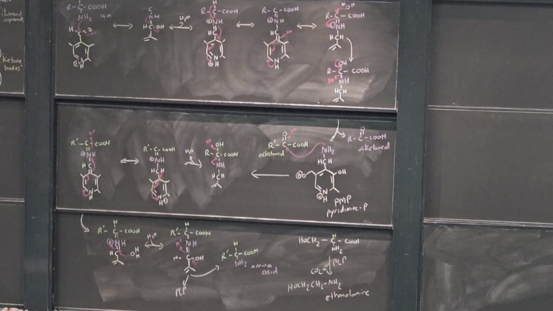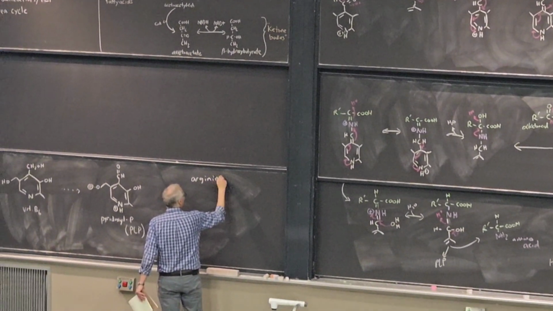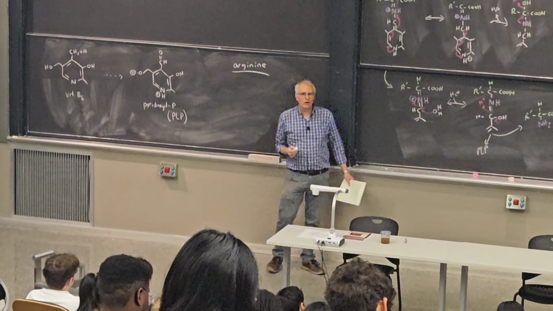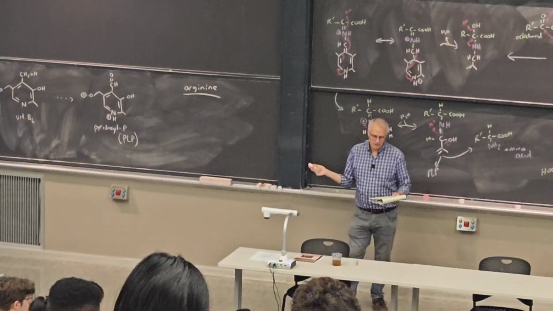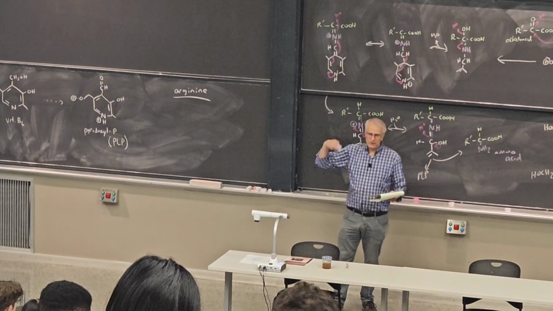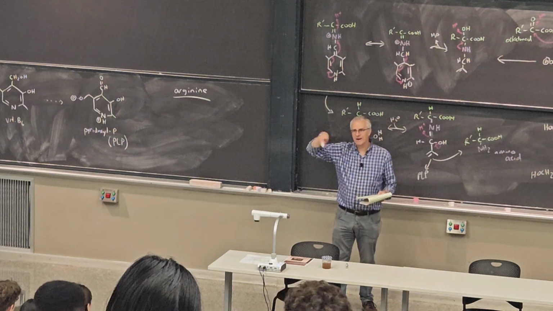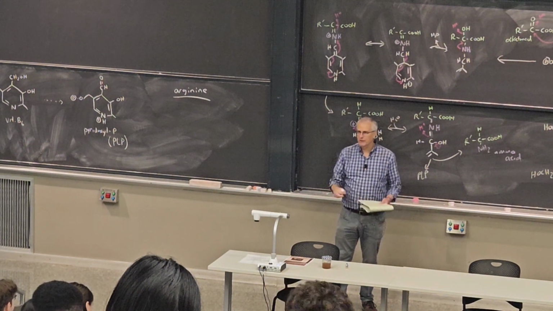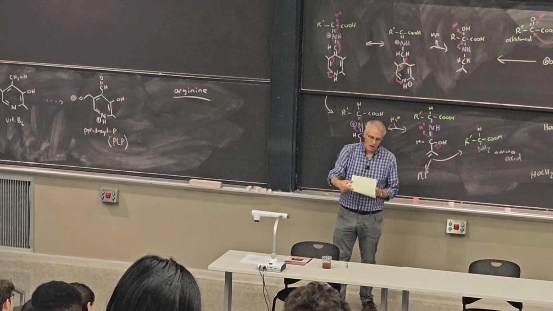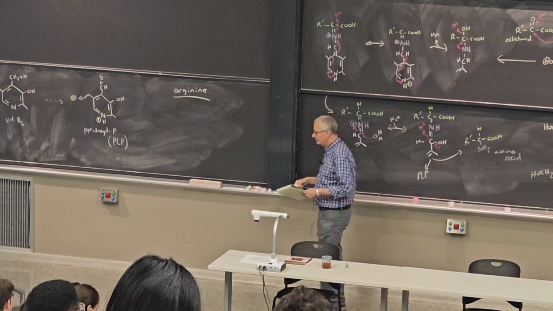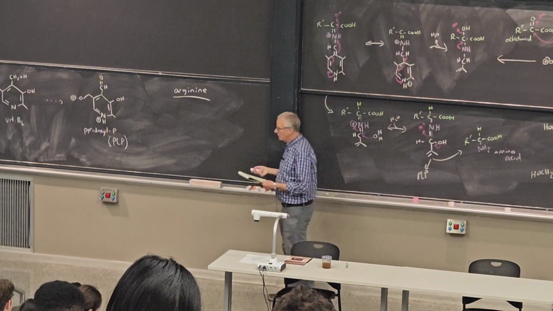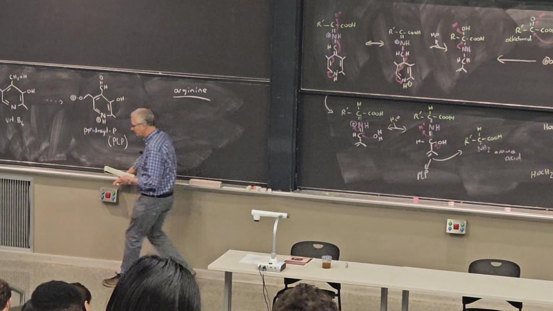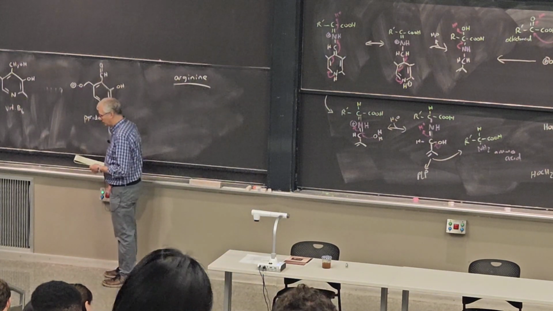Okay? So all organisms make arginine, and so I'm going to show you how you make arginine. But if you make arginine and you break down arginine, you're going to produce urea. And so this is really where urea comes from and why you do urea the way you do it. And so just to be explicit about this, the source of urea is arginine.